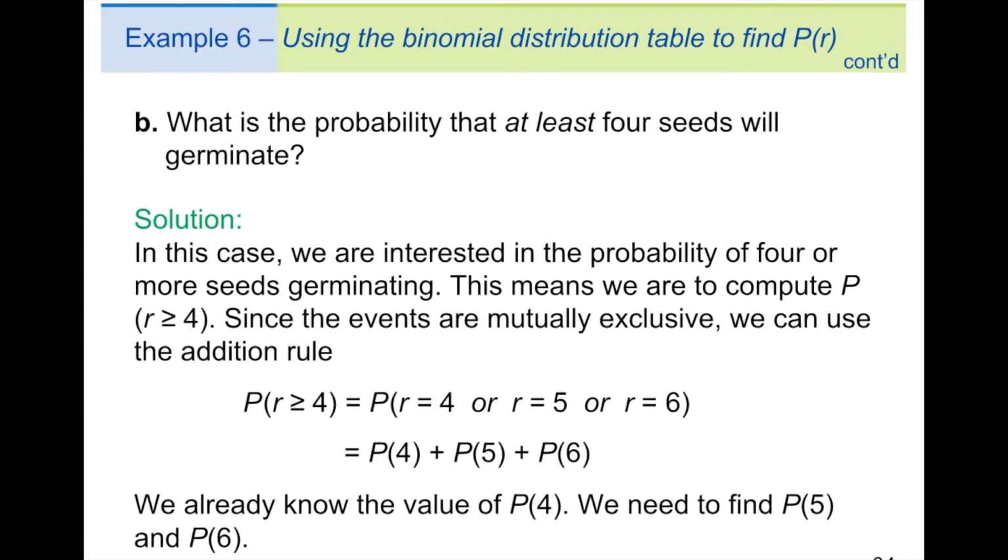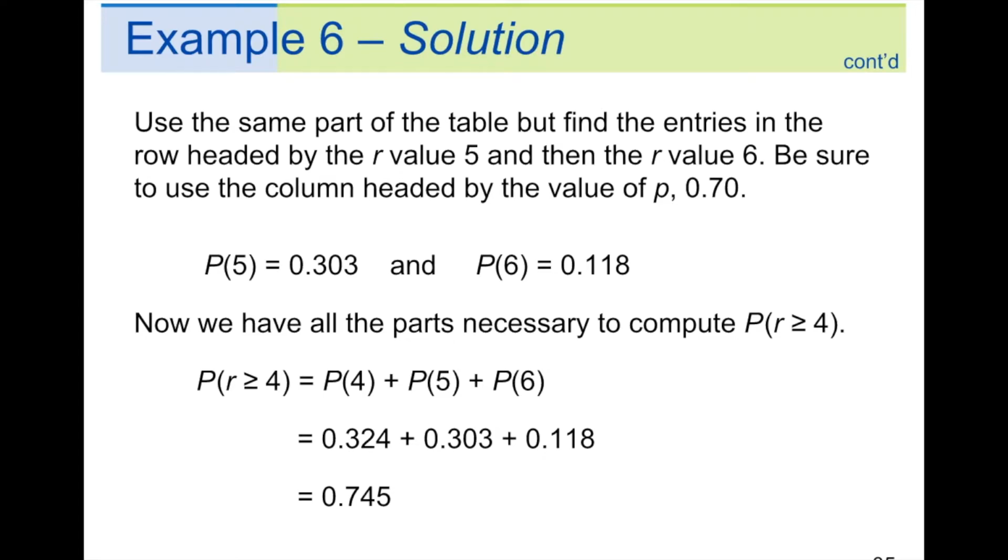So add those 3 up, and we already know the value of p of 4, so we just need to find the probability of 5 and 6. Use the same part of the table, but find the entries in the row headed by the r value 5 and then the r value 6. Be sure to use the column headed by the value of p, 0.7.